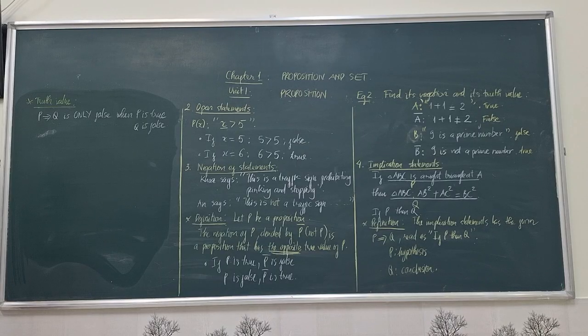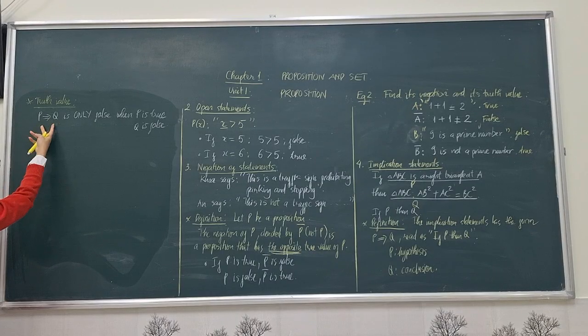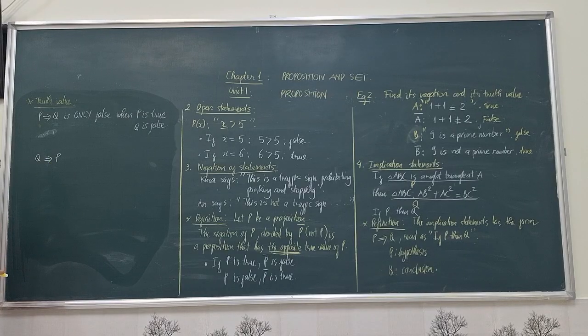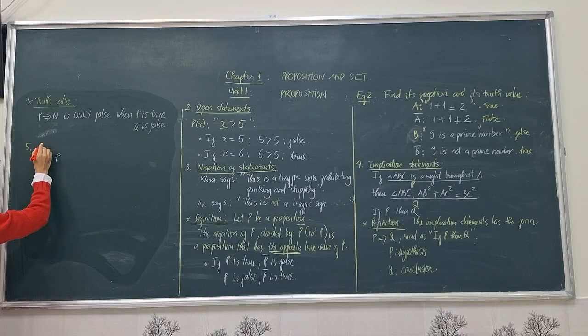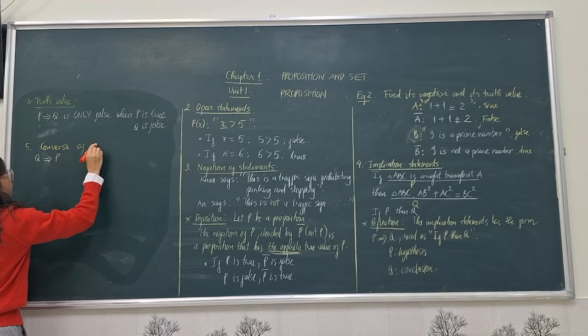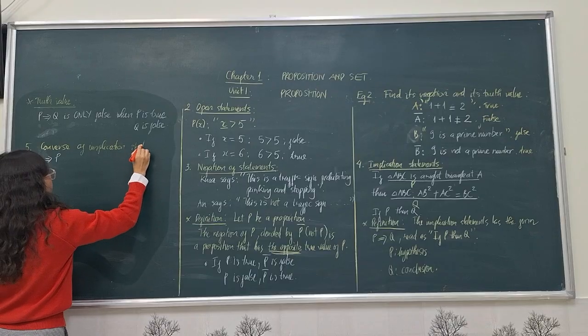Now, what happens if I swap the implication statement? If I swap, I have Q implies P. If Q, then P. It's called the converse of an implication statement. Now we have section 5, converse of implication statement.